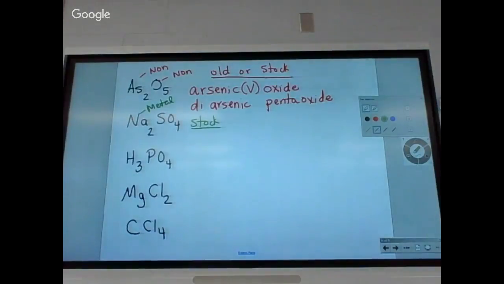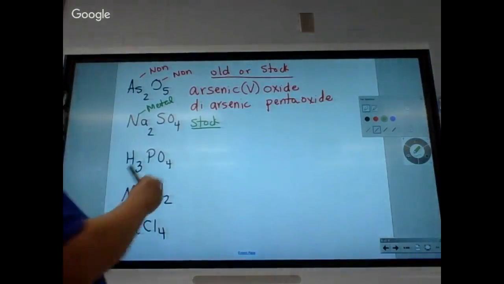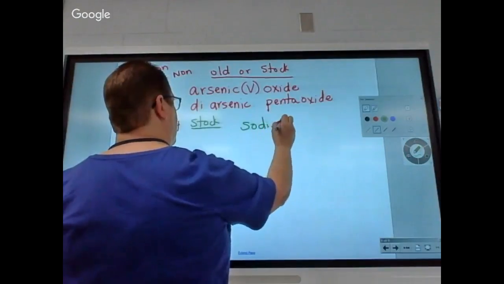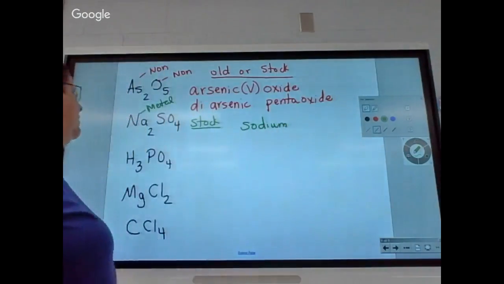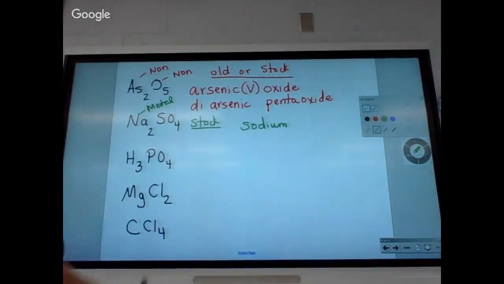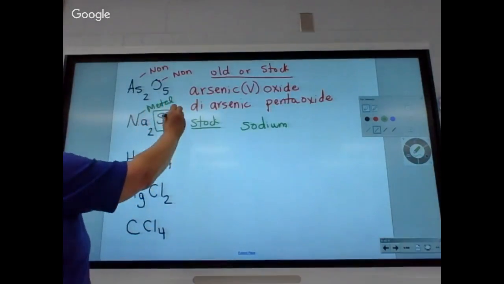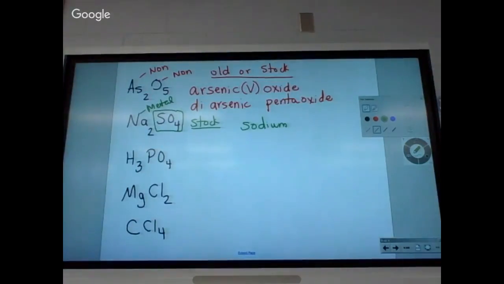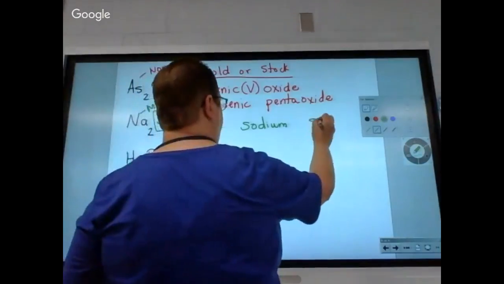So Na's name is what? So we're going to write sodium. Where are we going to find a polyatomic ion? Everything after sodium, you need to look up together. So everything after sodium is together. So what's its name? So you're going to write sulfate.